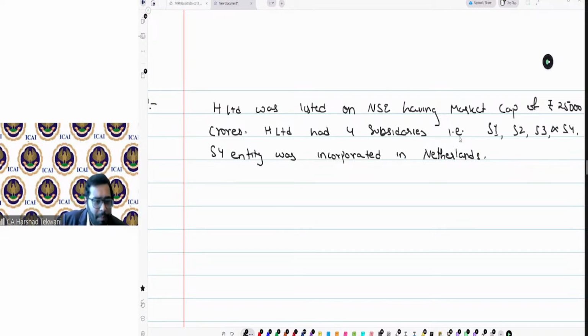Okay, so I'll just prepare the chart for you guys. H Limited, it has S1, S2, S3, and S4. S4, it's a Netherlands entity. It's an Indian.